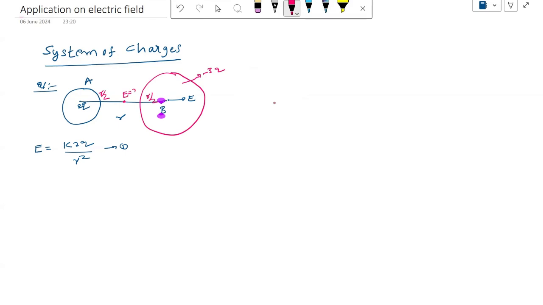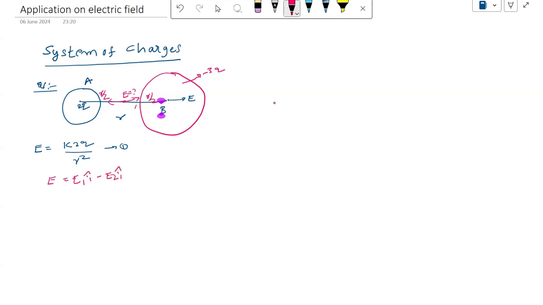The 2Q is repulsive, so it is in this direction. -3Q is in the opposite direction. So these two are subtracted. Therefore, total net at point P or midpoint, E is equal to E1 i cap minus E2 i cap.